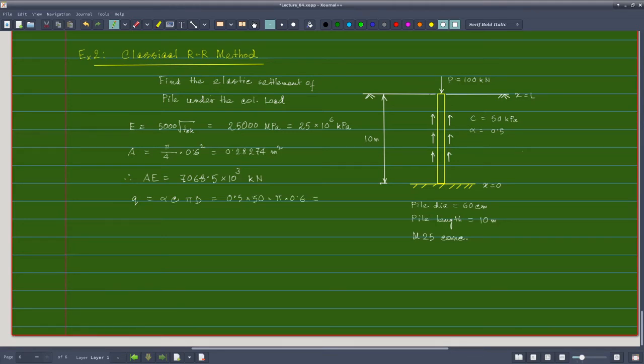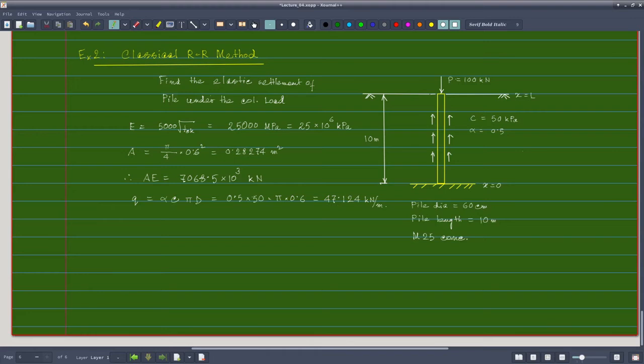And this gives me the value of q as 47.124 kilonewton per meter. This is my value of q.